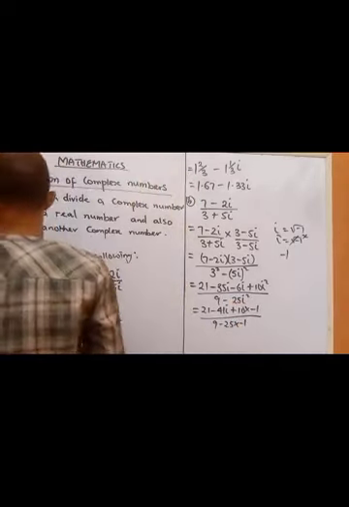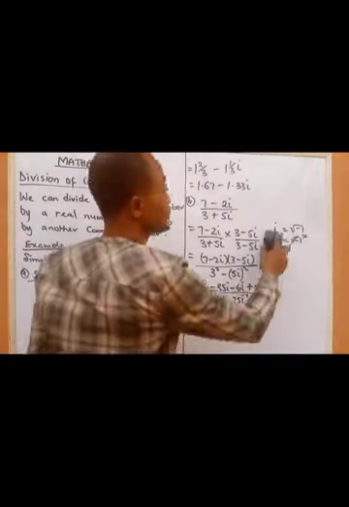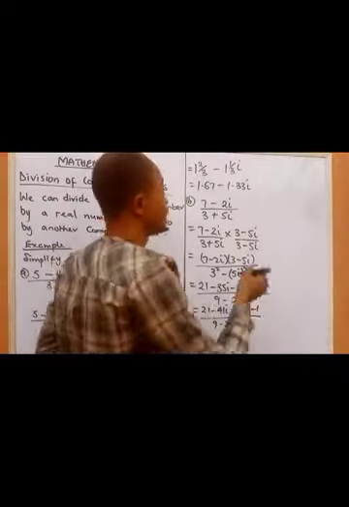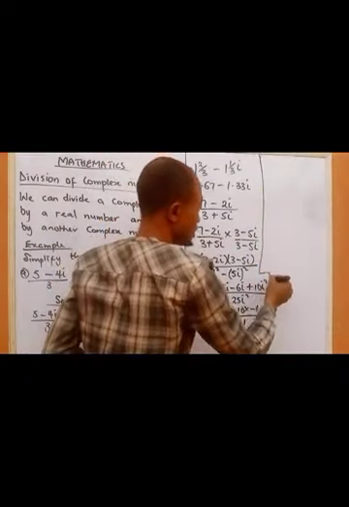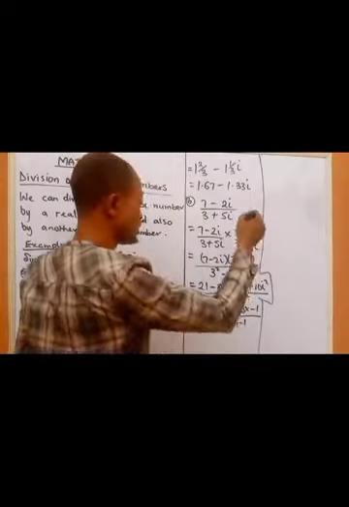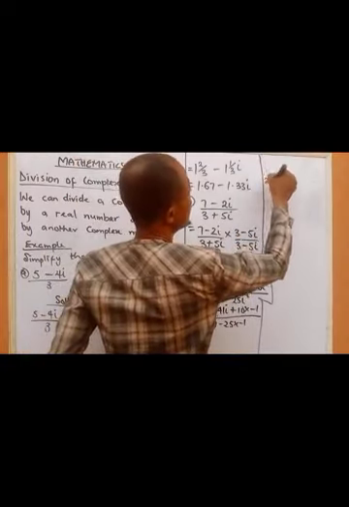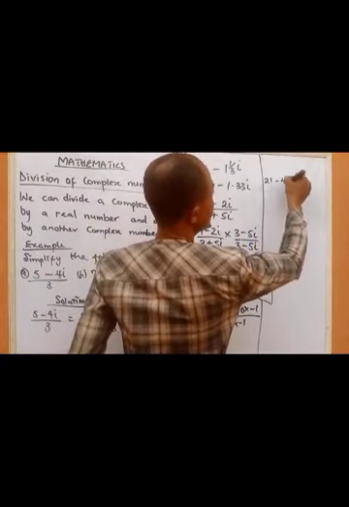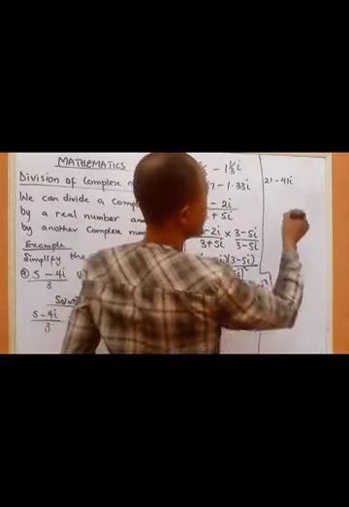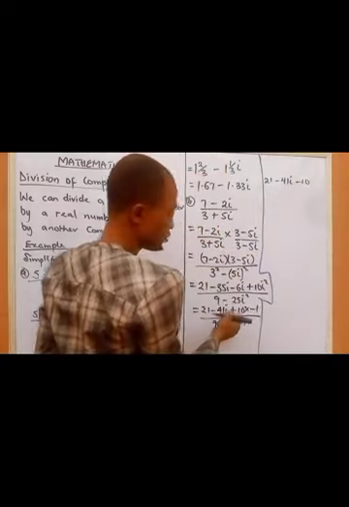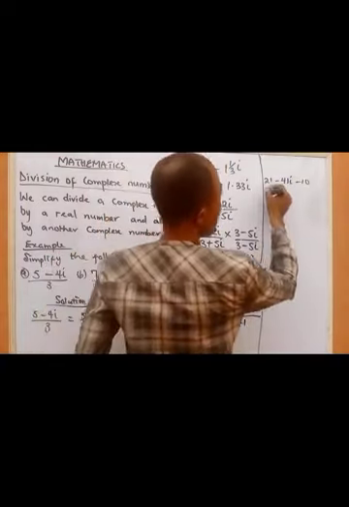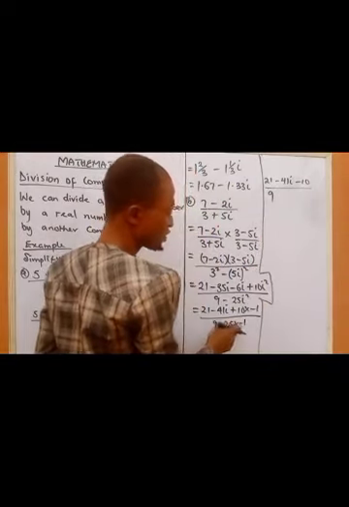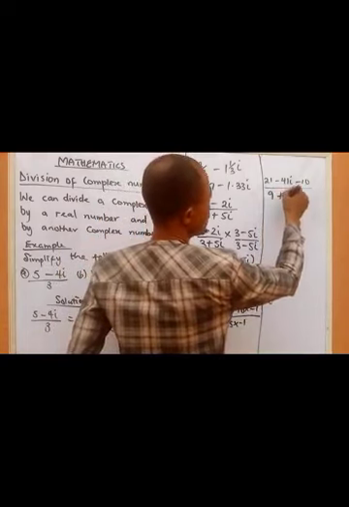So we can complete this here. We have 21 now, then minus 41i, then plus 10 times minus 1, that's minus 10, over 9 minus 25 times minus 1, that will give us plus 25.